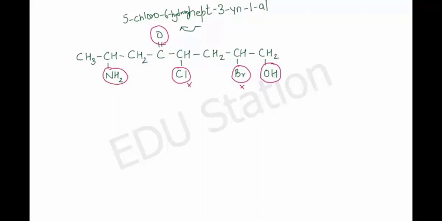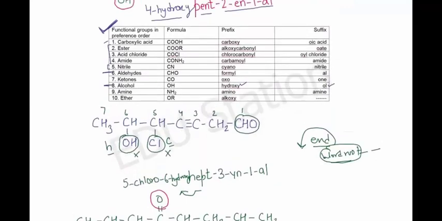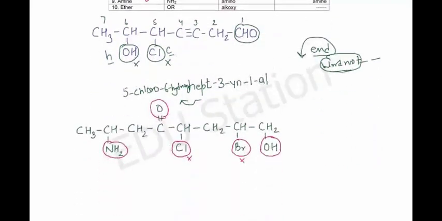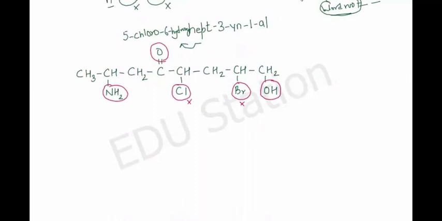Among amine, alcohol and keto, if you go to this table, this gives the preference order. Alcohols, amines, ketos. The ketones are most preferred, so we will leave and forget about others and try and give keto the lowest number. Now, if you observe, if we start from our left to right, it gets number 4. From right to left, it gets number 5.